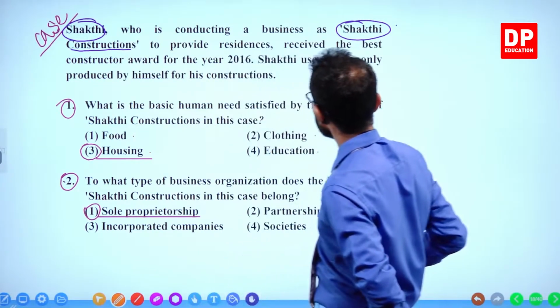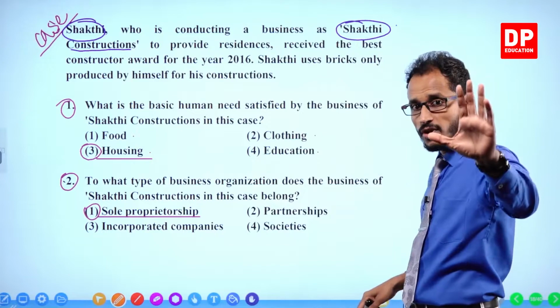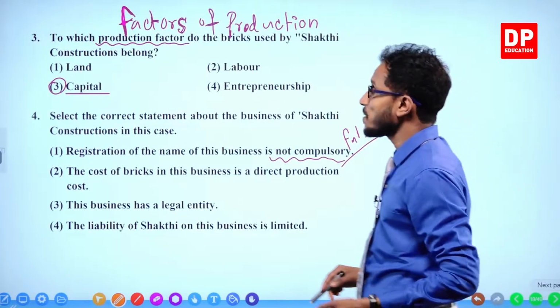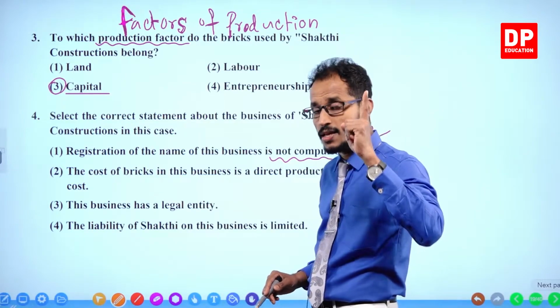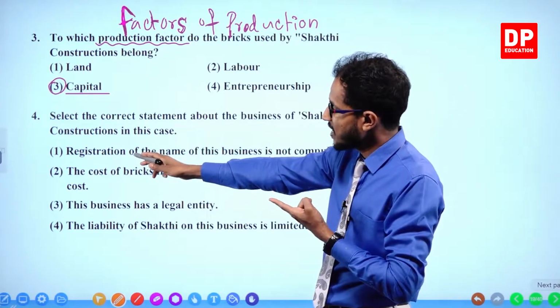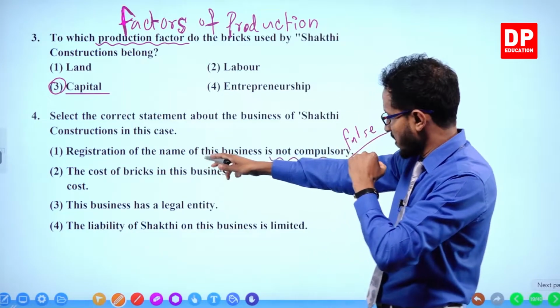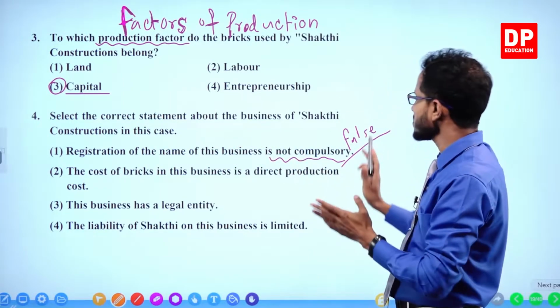But the owner has not given his full name for the business, which means the business name should be registered. So if the statement says registration is not compulsory, that is false.